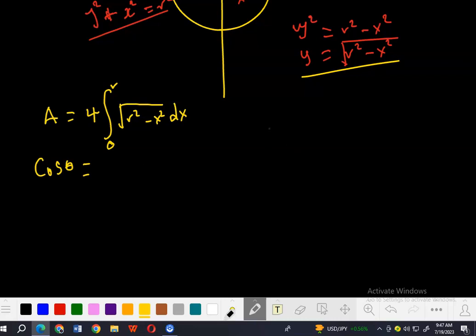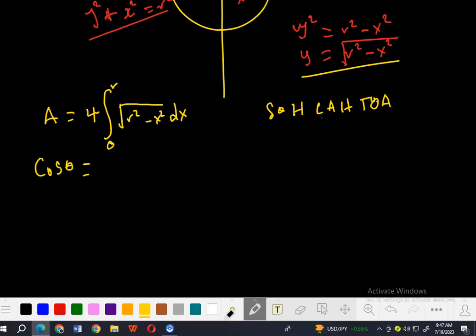Do you remember SOH CAH TOA? Yes. This one is sine, and we say that sine is opposite over hypotenuse, cosine is adjacent over hypotenuse, and tangent is opposite over adjacent.